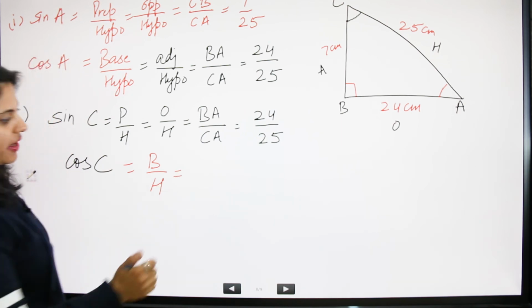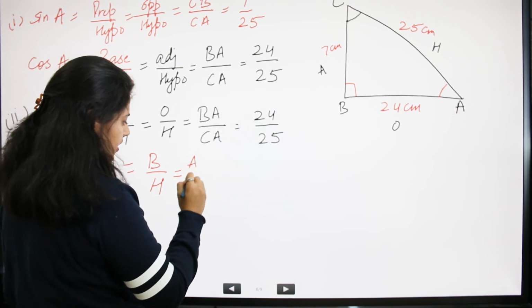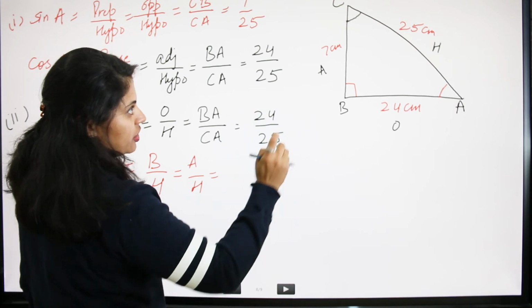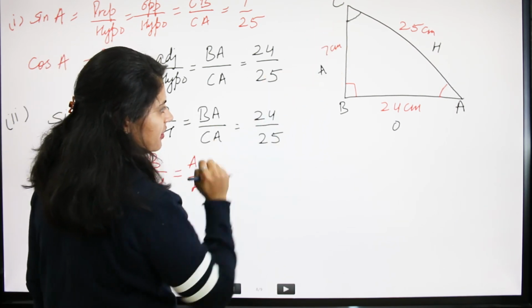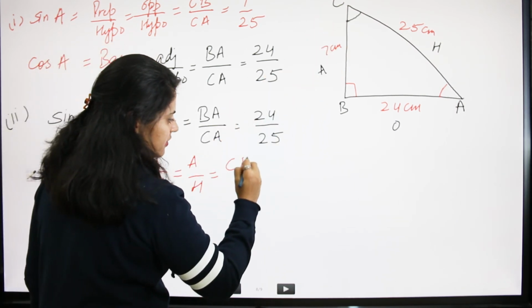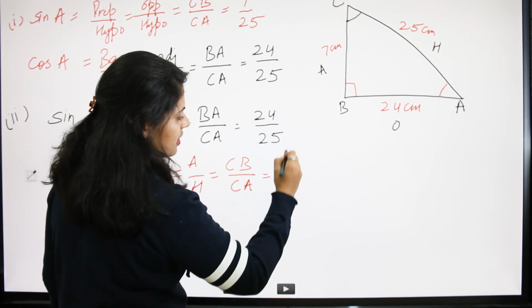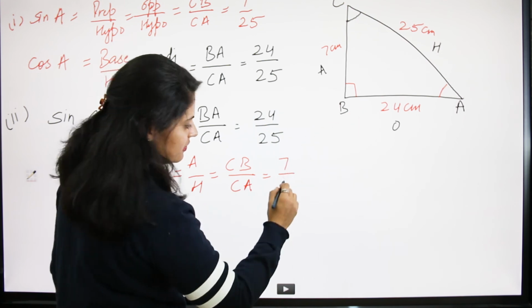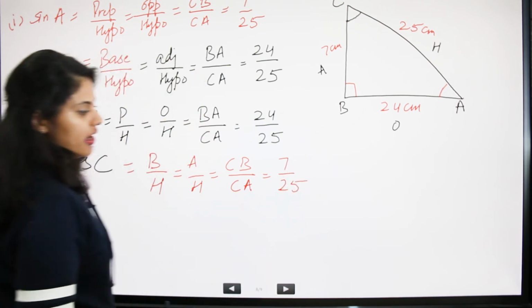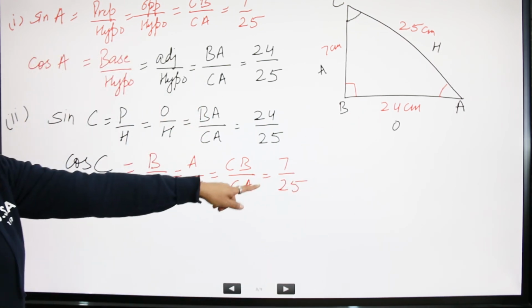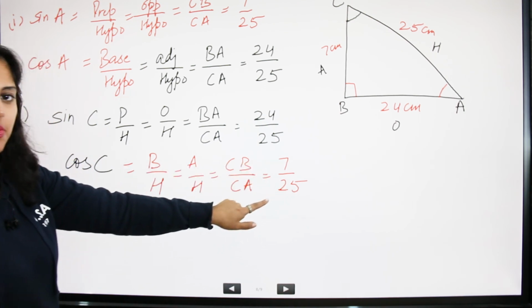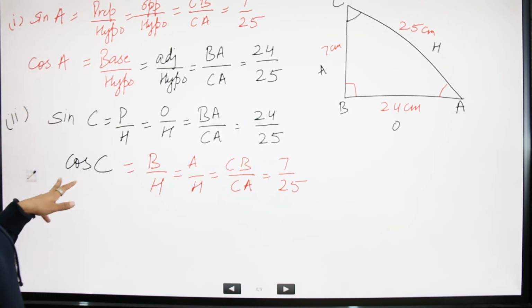Base is the adjacent side, so adjacent divided by hypotenuse. This is angle C, and the adjacent side is this one, which we can write as CB divided by the hypotenuse, which is CA. CB is 7 and CA is, which we have already found with the help of the Pythagoras theorem, 25. So 7 over 25 will be the cos C value, which is the trigonometric ratio.